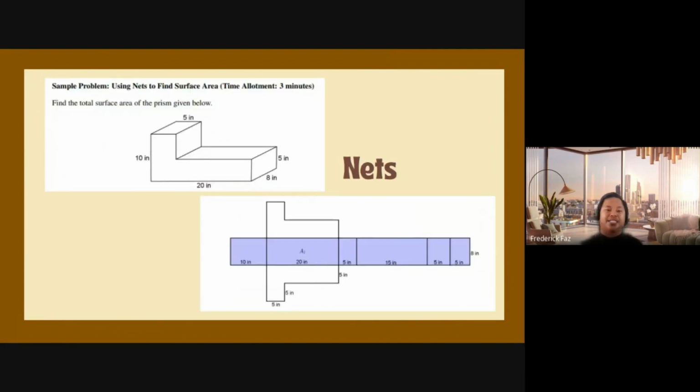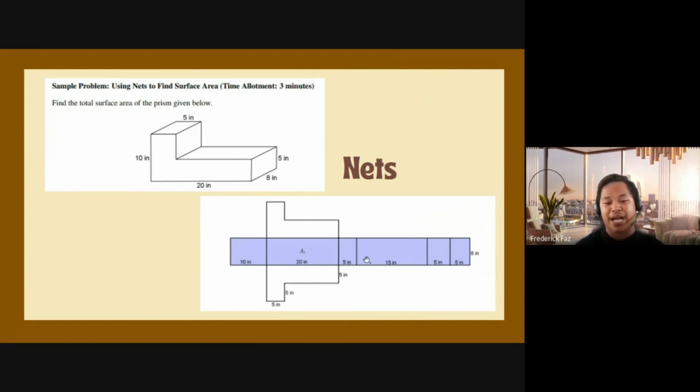And we have here solving for the surface area. This is an example. We can solve the surface area by using nets. This is the illustration. The height of our prism is 10, because when it is erected, that is what it will become. Then this length is 20 inches.